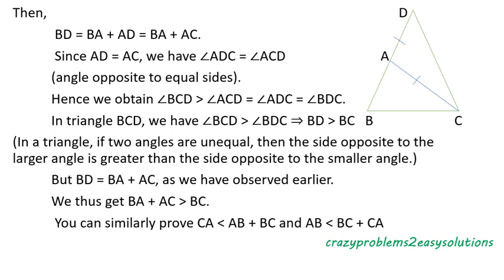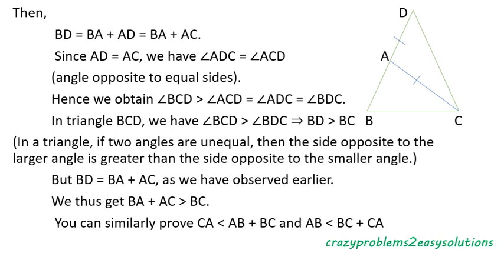Hence we obtain that angle BCD is greater than angle ACD, which equals angle ADC, so angle BCD is greater than angle BDC. In triangle BCD, the big triangle, we have angle BCD greater than angle BDC, which implies that BD is greater than BC.